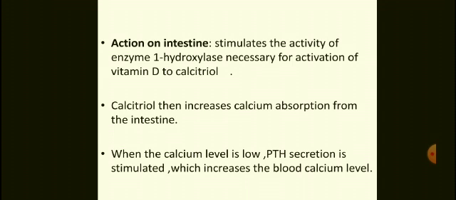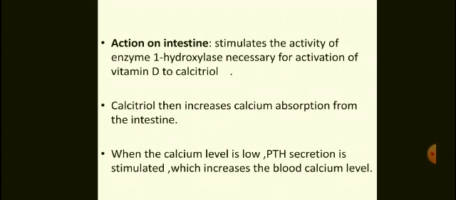The first position is hydroxylated by the enzyme 1-hydroxylase or 1-alpha hydroxylase. This enzyme is activated by parathyroid hormone, so parathyroid hormone converts vitamin D to its active form. Once it is converted to calcitriol, it increases the intestinal absorption of calcium.